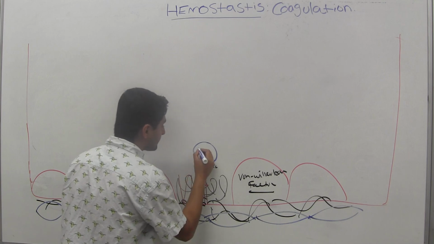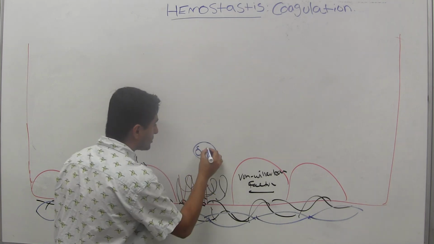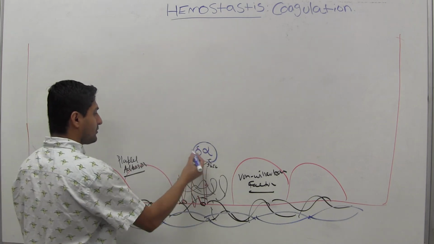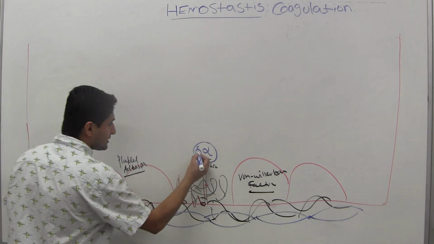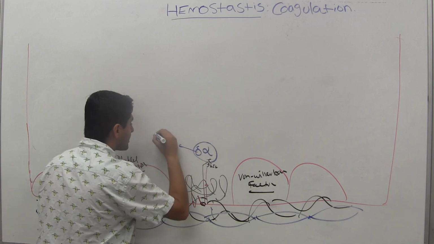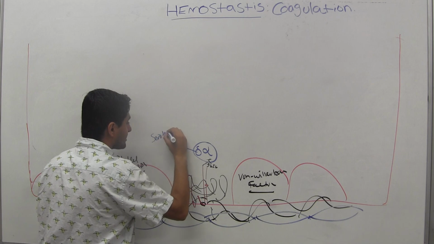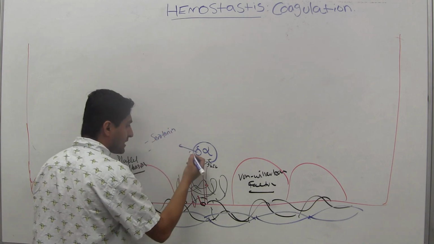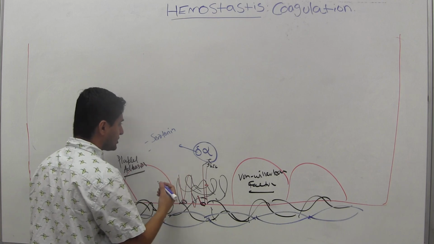One is called delta granules, or dense granules, and the other is alpha granules. Let me write delta granules. These delta granules start releasing some substances. One of the things they release is serotonin. They release epinephrine, serotonin, and they cause constriction.